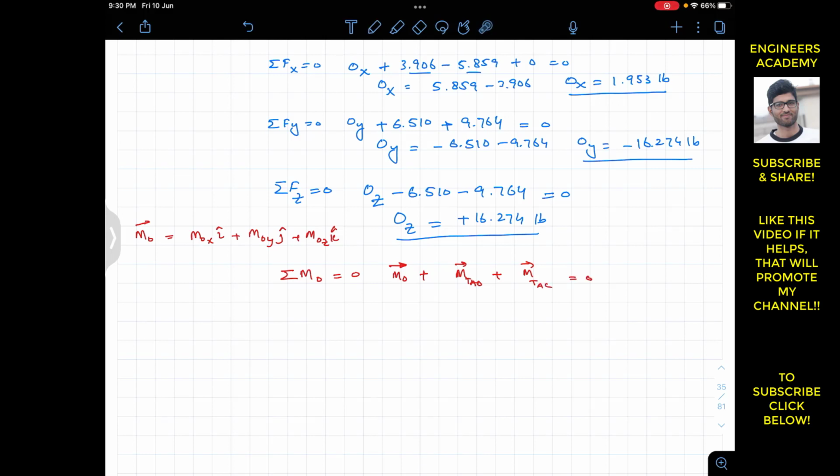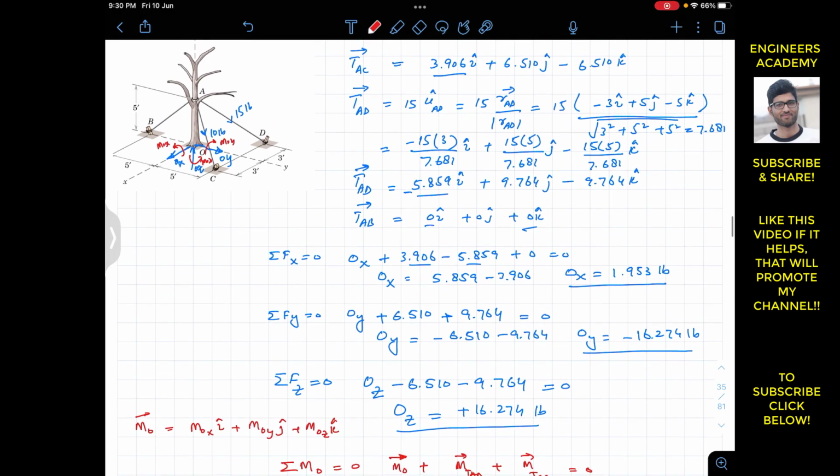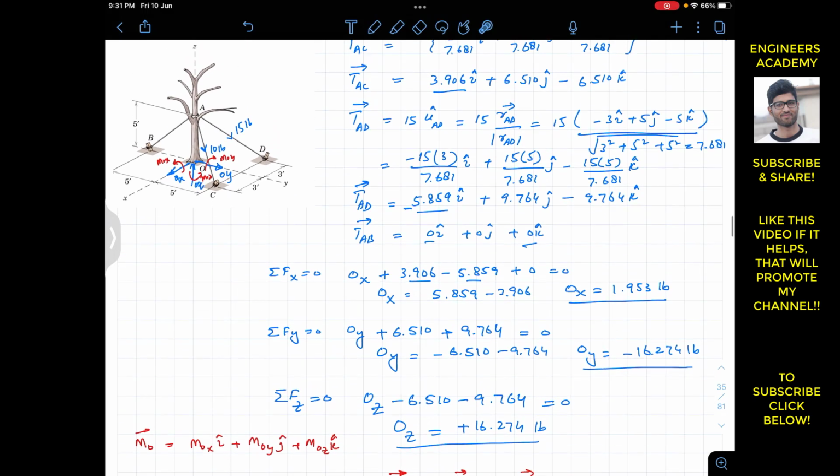So now MO, we will write this as MOX I plus MOYJ plus MOZK. And now for the moment of TAD, that is the tension in AD, we have to find the moment arm. We have to decide the position vector. So we can select the position vector from O to A. So that will be the moment arm for the tension in AD.